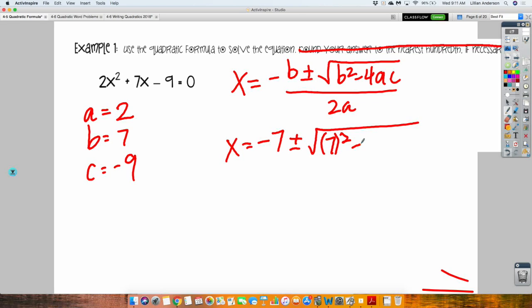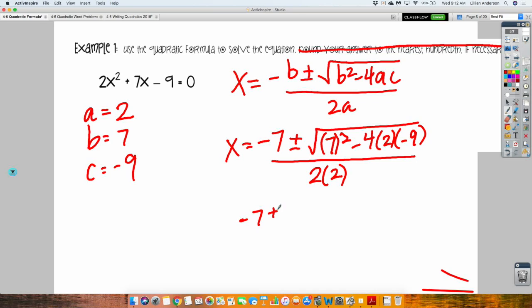Ooh, that's a terrible 2. Minus 4 times a times c all over 2 times a. You're literally plugging in all of those values, okay? Now, I'm not wanting you to round anything, okay? We're going to simplify everything.